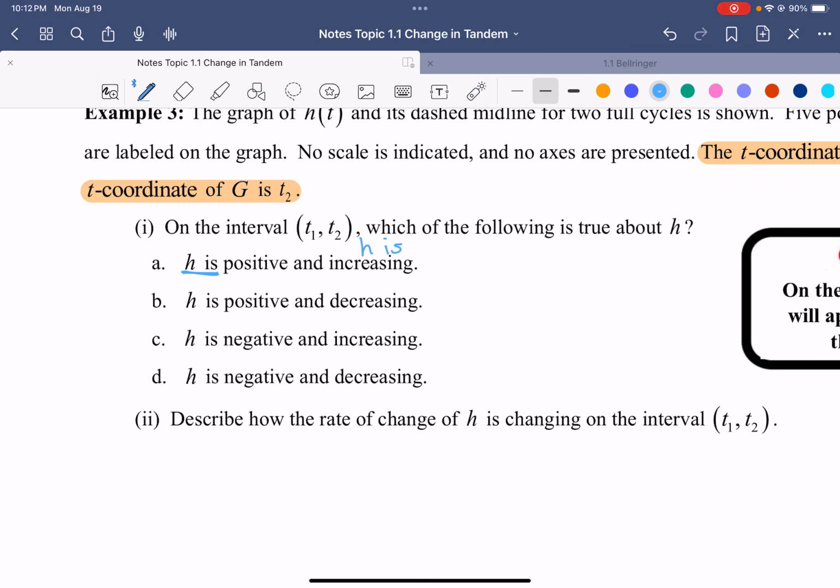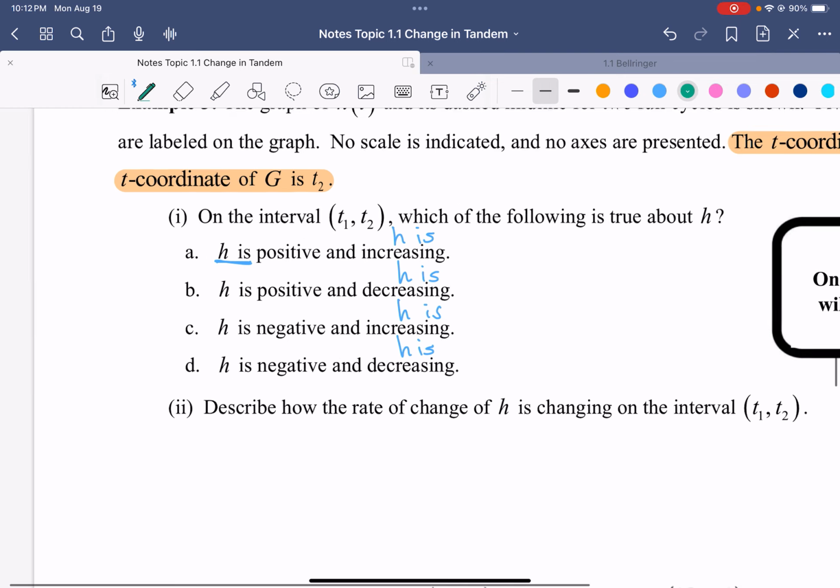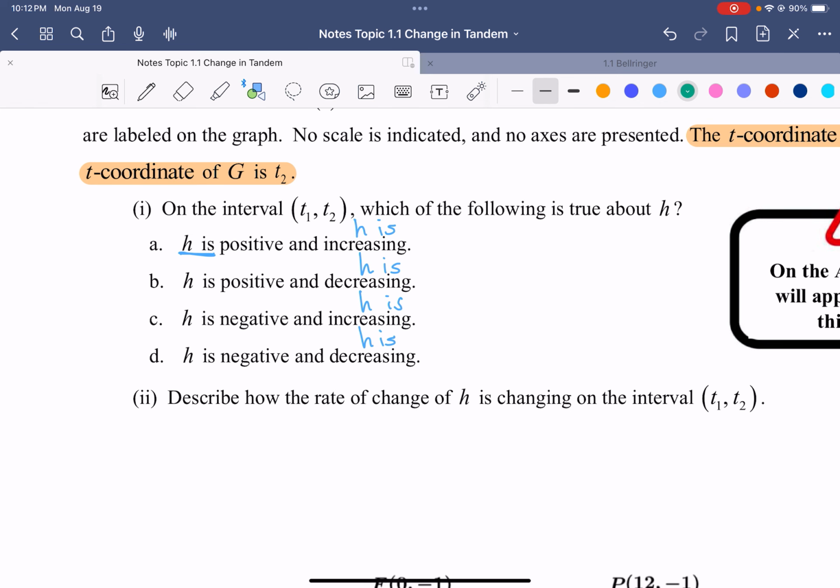Because sometimes you're going to have extra words at the front that are going to change the meaning of another word, and then it's going to be difficult to keep track of what you're actually doing. So what I'm going to do is add H is to all of these second words so I can read them properly.